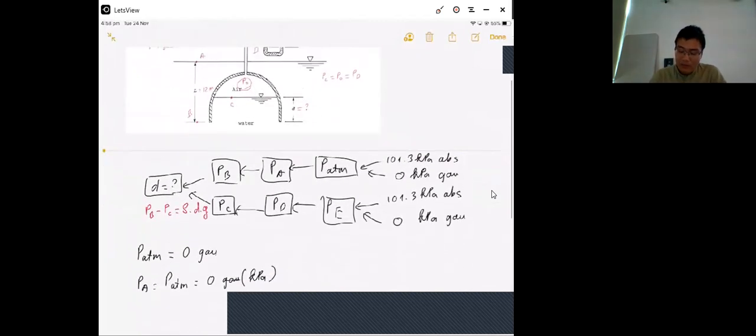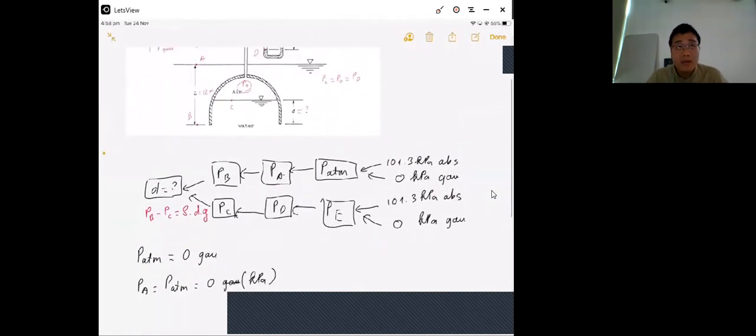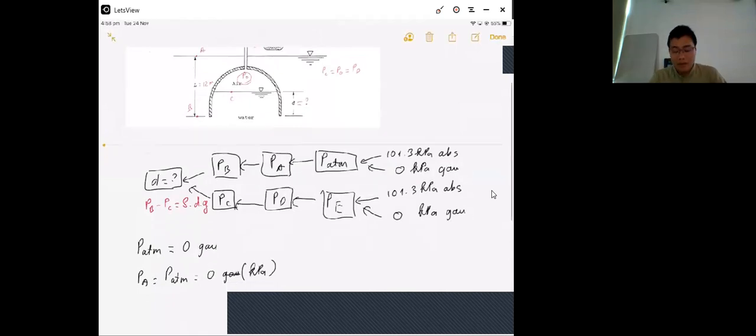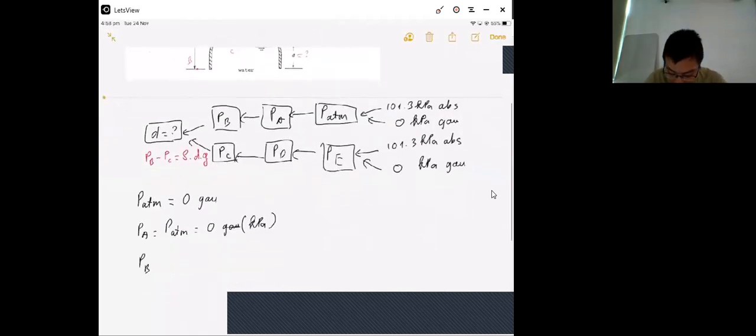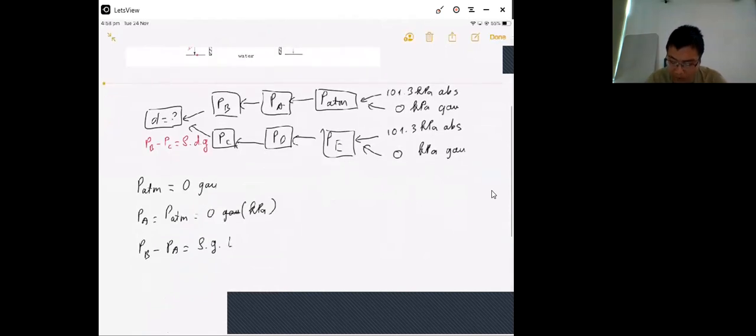When we have PA, we find PB. Because B is below A, PB will be higher than PA. PB minus PA equals rho g L, where the distance between B and A is L.